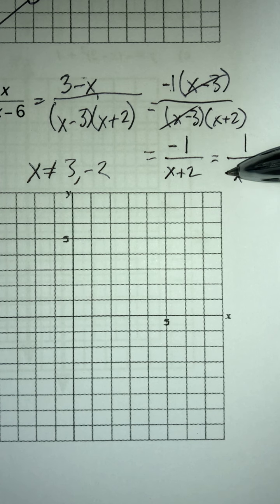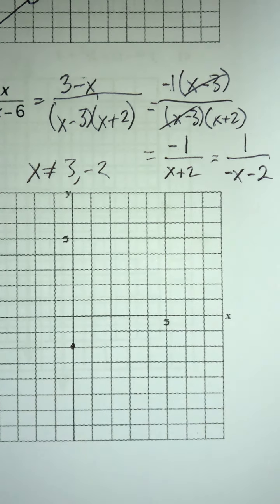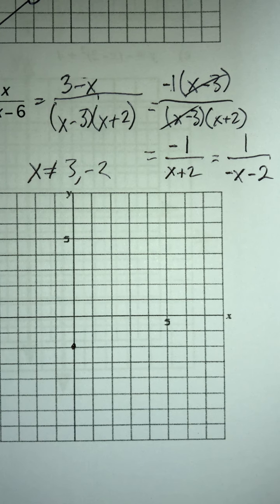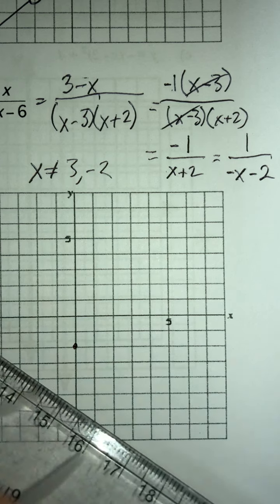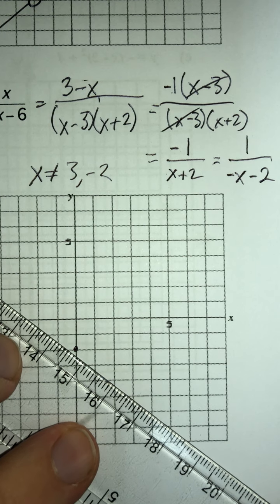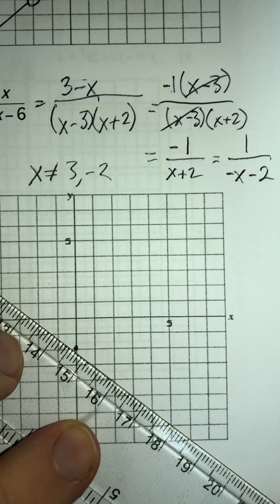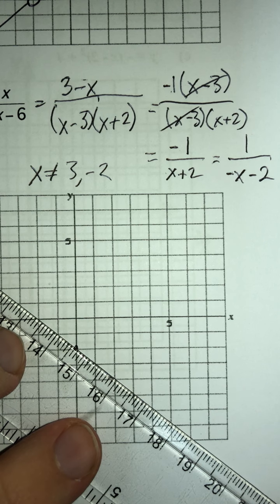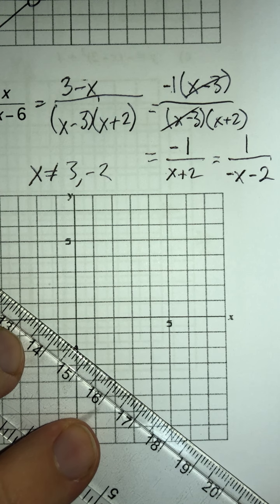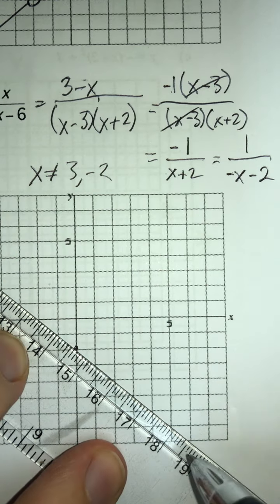So I'm going to plot out -x minus 2. So minus 2 becomes my y-intercept, and my slope is -1. So I'm going to go through like this, plot out my slope. I'm trying to make this as precise as possible. There we go.